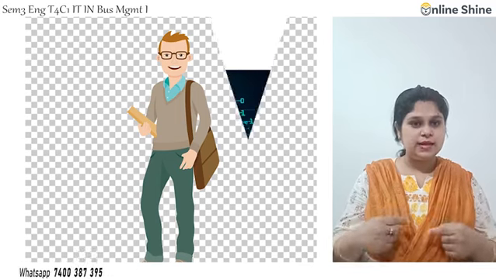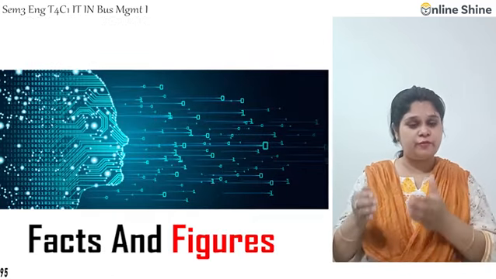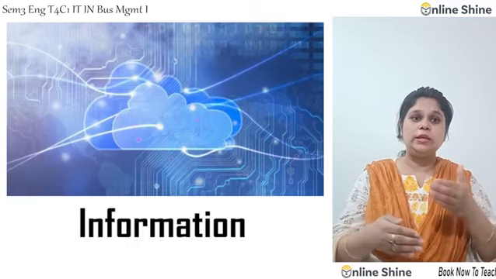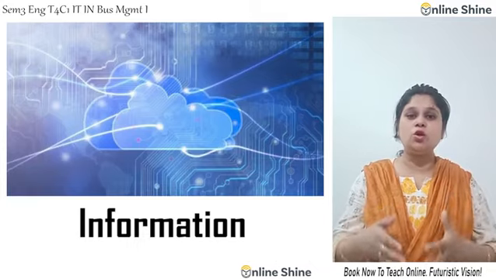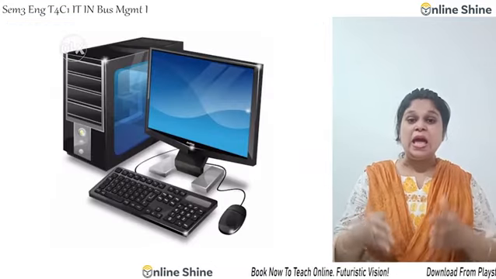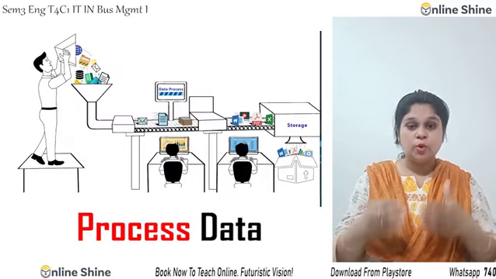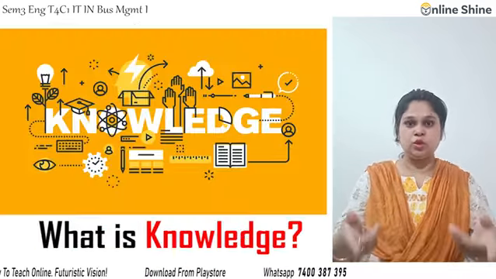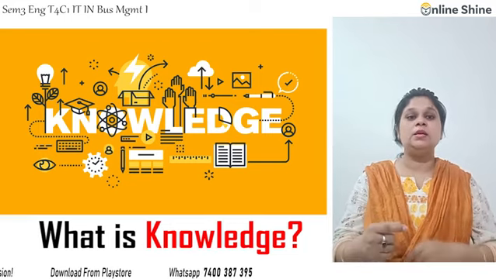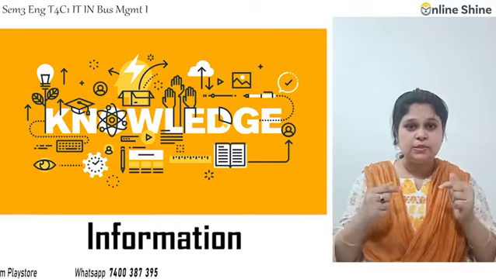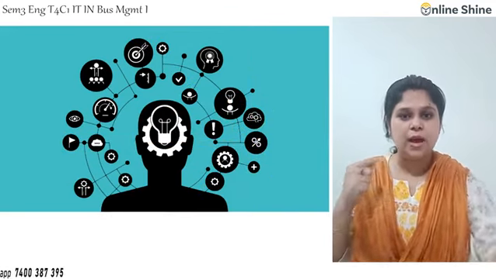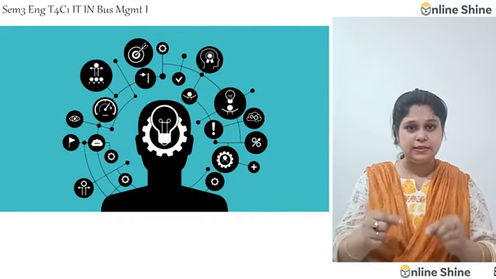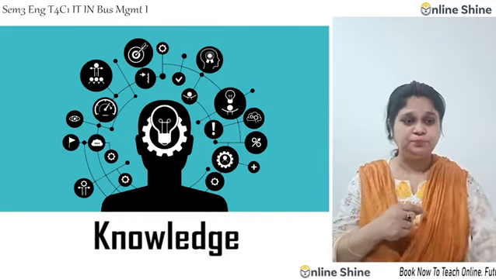So we can understand data means raw facts and figures stored or used by computer system, and information means processed data or meaningful data. Then what is knowledge? Knowledge means when you are applying your mind in any task.